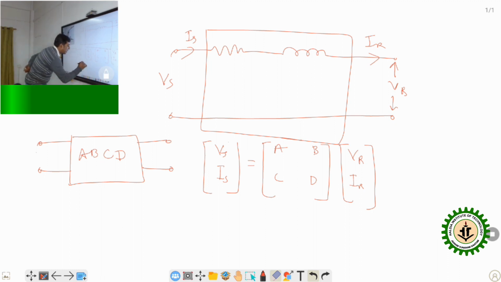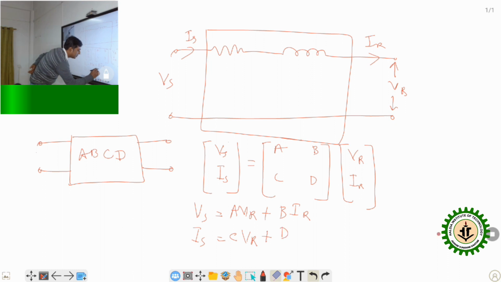From here we can write Vs equal to A Vr plus B IR, and Is equal to C Vr plus D IR.